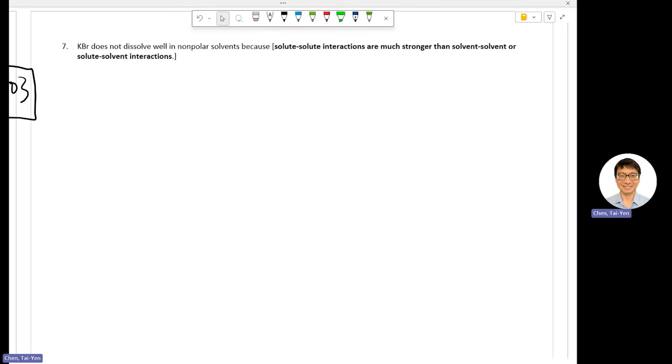They have multiple choice, but they're not giving me all the options or the answer, so let's just finish off. The solute interaction is the same as the lattice energy term.